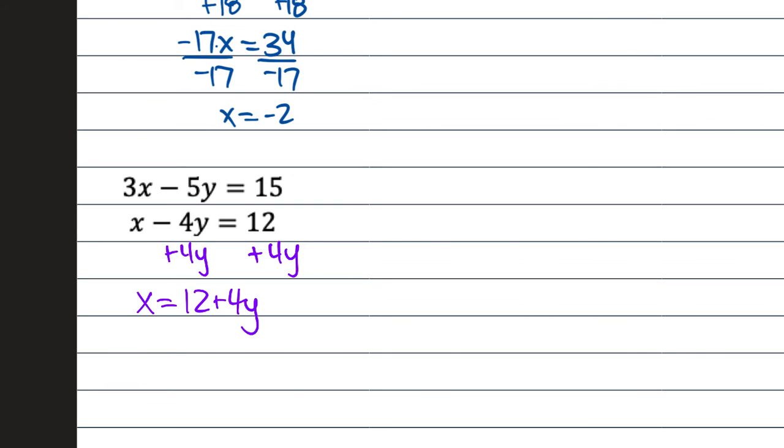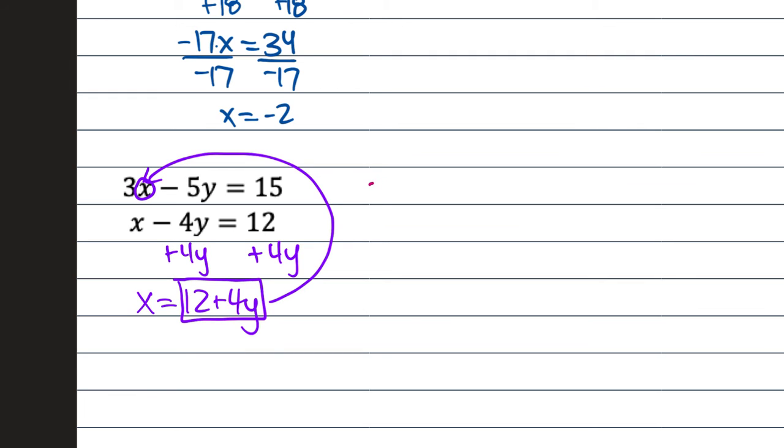So now I have one of the variables isolated, and so I can take that expression and I need to plug it into the other equation for x. X this time because it's x equals. So I am going to plug it into the top equation for x.